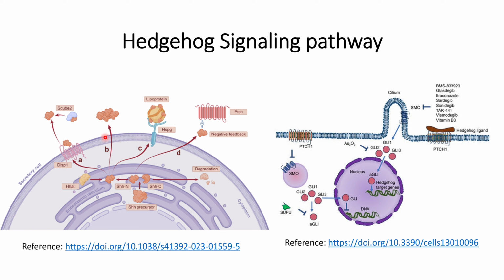In order to work efficiently for these Hedgehog signaling pathways, there is a precursor that is usually formed in the endoplasmic reticulum.